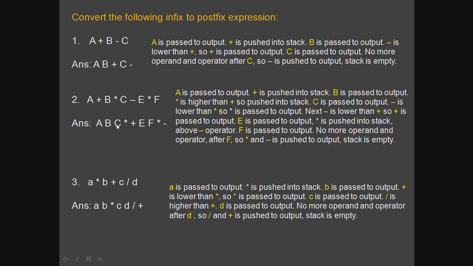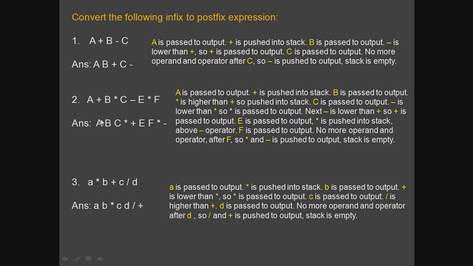So we have abc. Then minus is read, and since minus is lower than asterisk, that means we have plus, asterisk, and then minus. Minus cannot be pushed into the stack because asterisk is higher than minus; minus cannot be on top of the star. So now star is popped out and passed to the output. Clear?